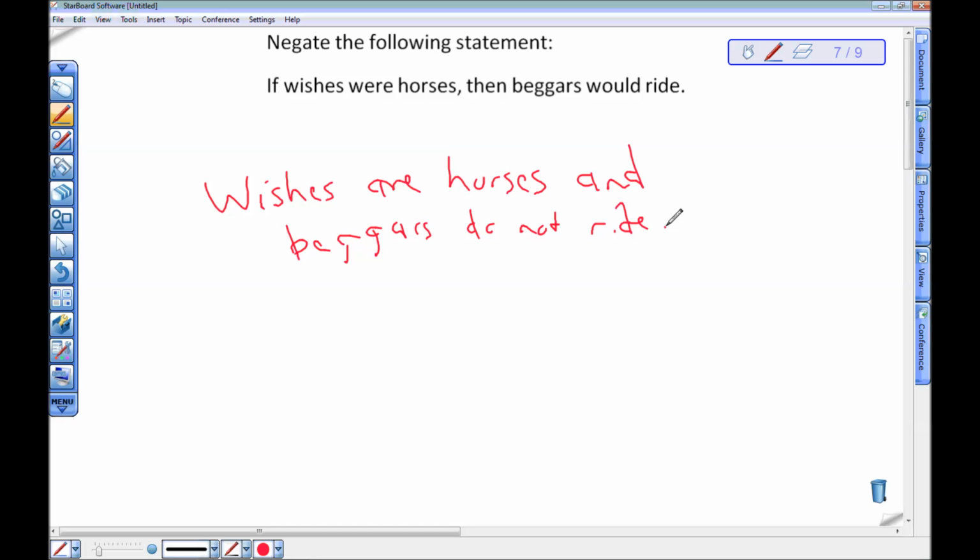It was pointed out to me by one of my students that beggars really implies all beggars. So to be technically correct, maybe this should be some beggars do not ride. So the negation of if wishes were horses, then beggars would ride is wishes are horses and some beggars do not ride. Okay?